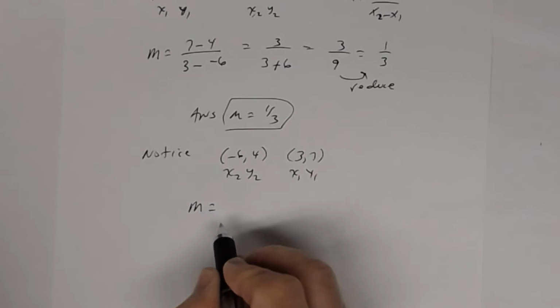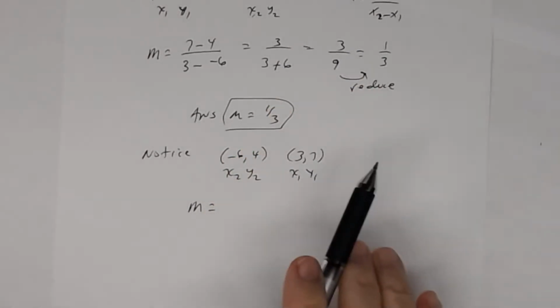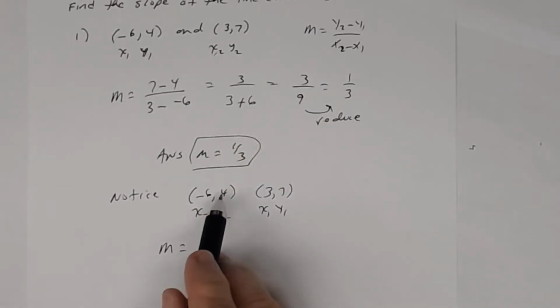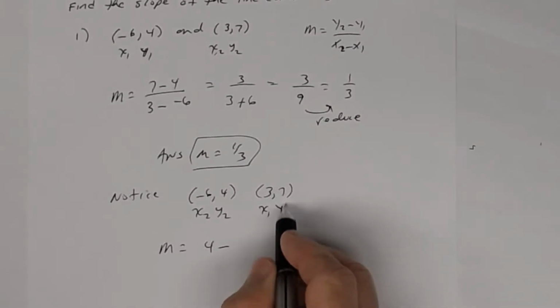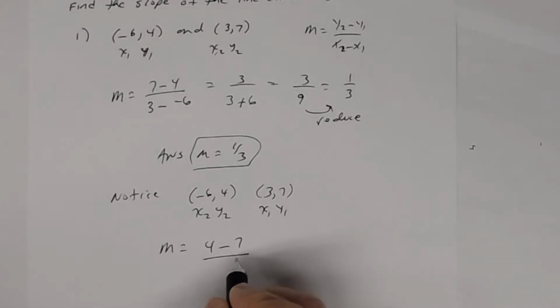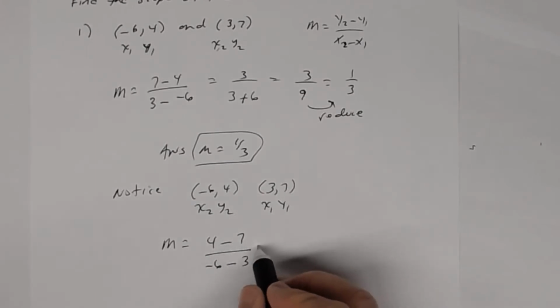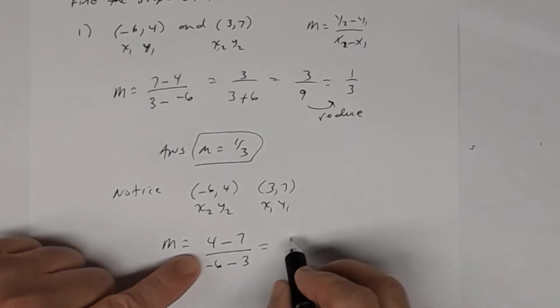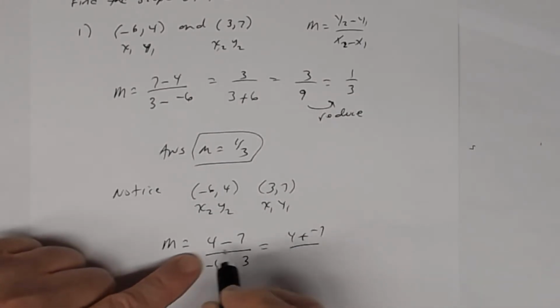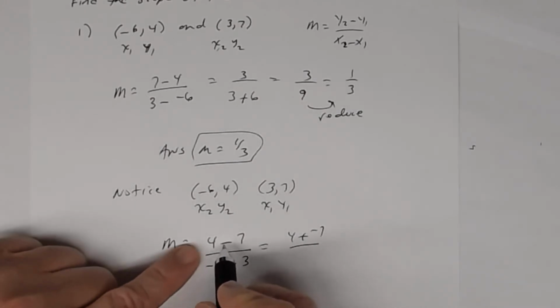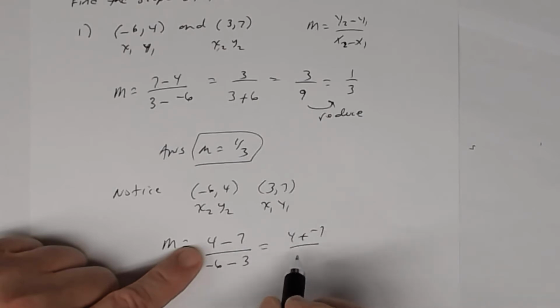The slope equals, let's see, y2, which is 4, subtract y1, which is 7, right? Divided by, now since I started with y2, I'm going to start with x2. Negative 6, subtract x1, which is 3. Well, 4 subtract 7 means 4 plus a negative 7, right? We can always change subtraction to addition by adding the opposite. So 4 plus the opposite of 7 is negative 7.